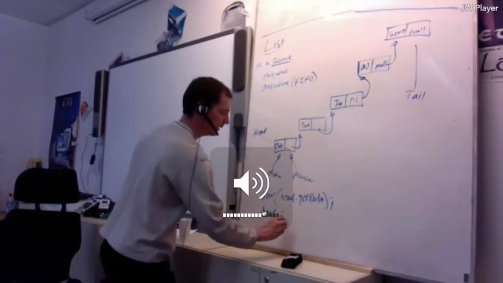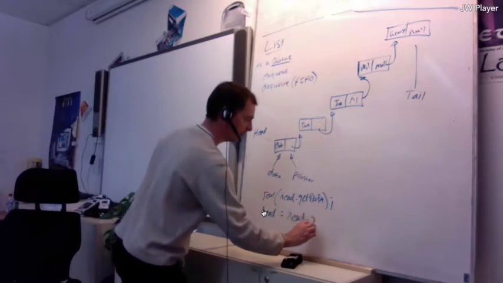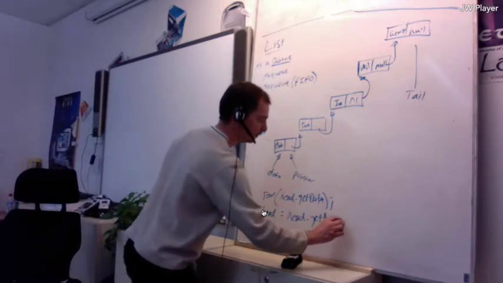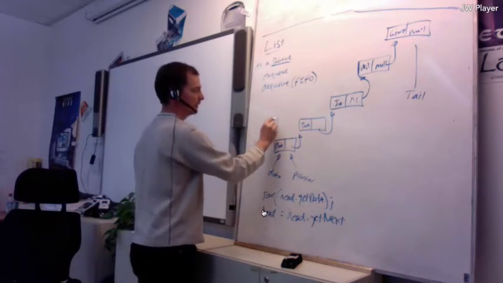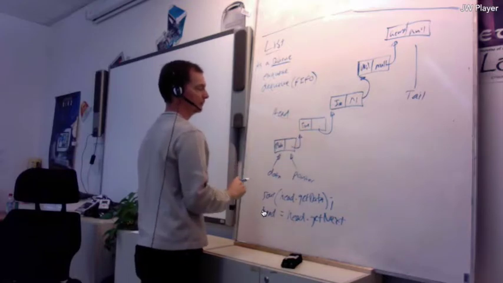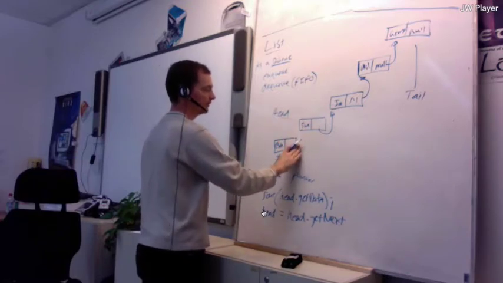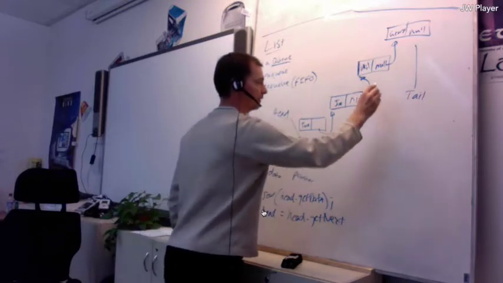Assigned current head dot get next. So the head is no longer this. The head is that. And so effectively, the list is now there.